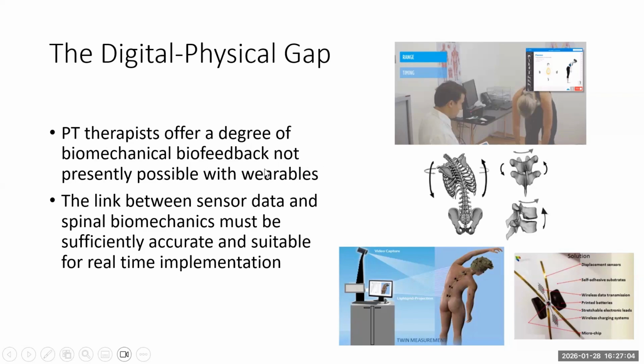So, biomechanical biofeedback, and notice that this is not the same as visual biofeedback. It's not the same thing to tell somebody you're moving far enough, as opposed to telling them your position in 3D according to the requested exercise is not sufficient in terms of rotation or something like that.